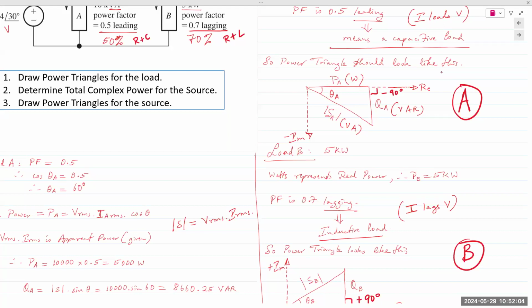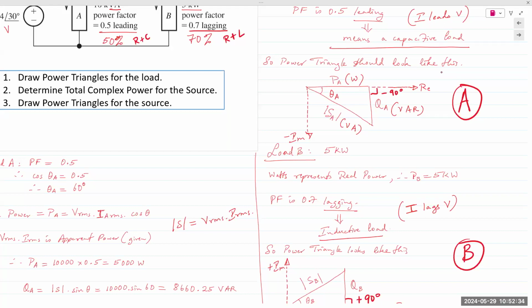A power triangle or an impedance triangle has the real value, the imaginary value, the hypotenuse, and the angle. 10 kVA is given for A, 5 kilowatts is given for B, but we are also given the power factor. So power factor we can use to determine the power angle theta. Once you have the hypotenuse, or one side of the triangle, and the angle theta, you can determine the other 2 quantities.